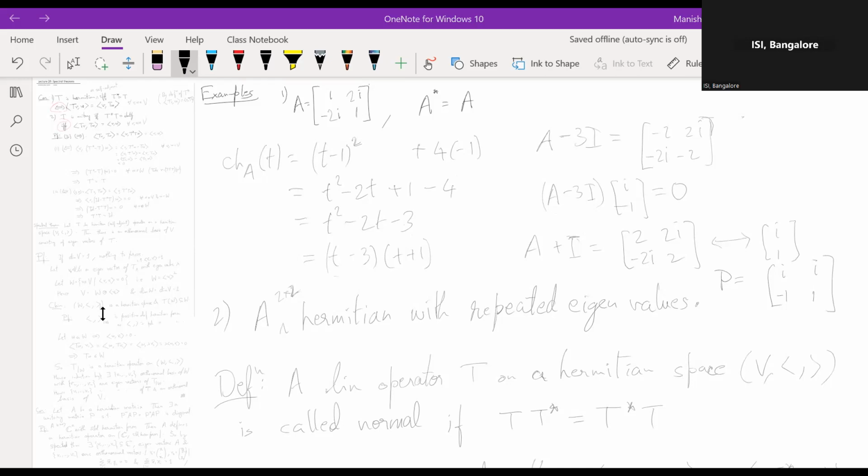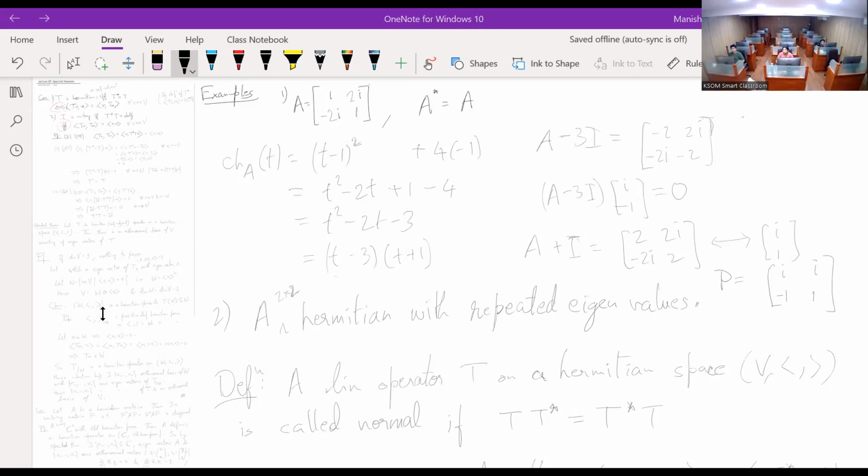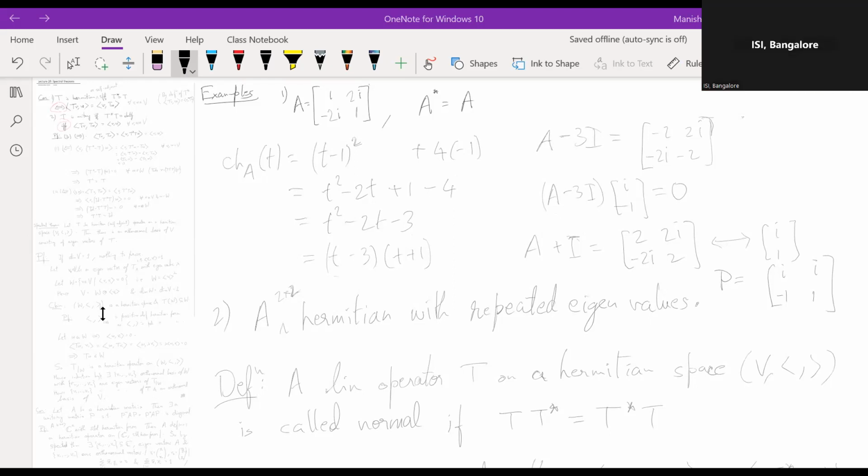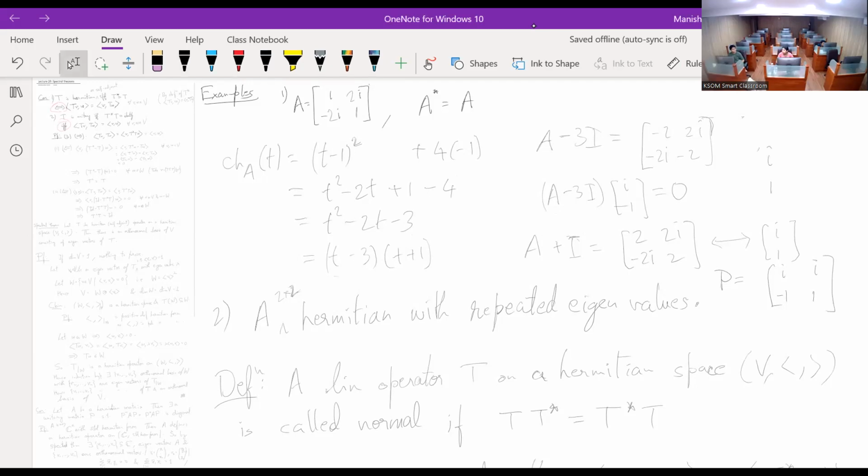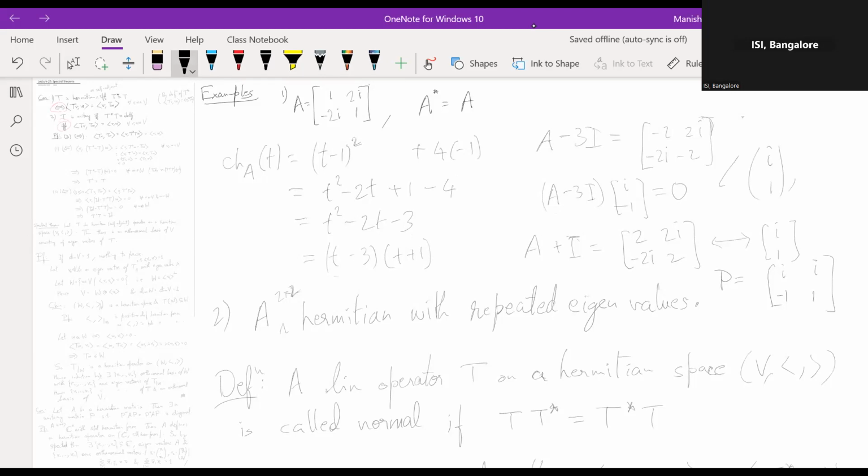Am I audible? Yeah, I'm audible. So what is the inner product with itself? Say it louder. 0? It can't be 0, no? How can it be 0? You are trying to compute this, right?